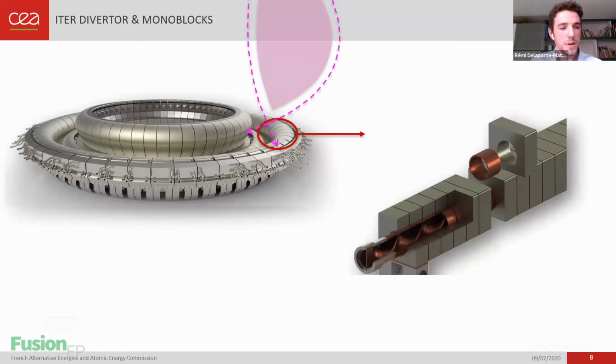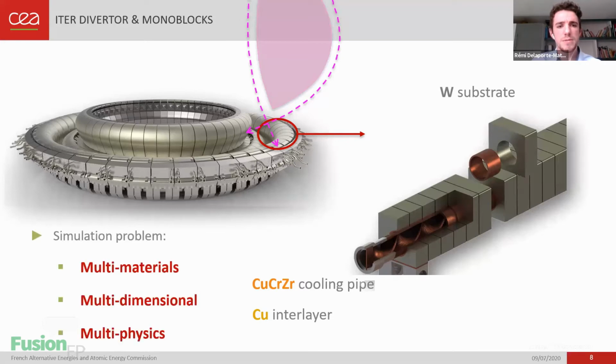There are plenty of them, several thousand actually, and they're made of tungsten mainly, but there's a copper cooling pipe running through them. So from a numerical point of view, this simulation problem is multi-material, multi-dimensional, and multi-physics, because you have to solve the heat transfer equation in that.